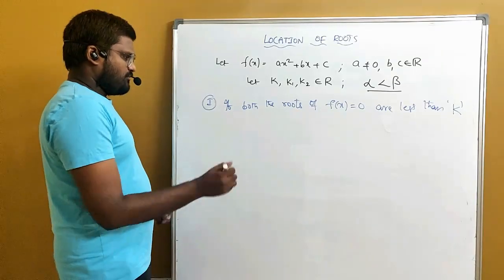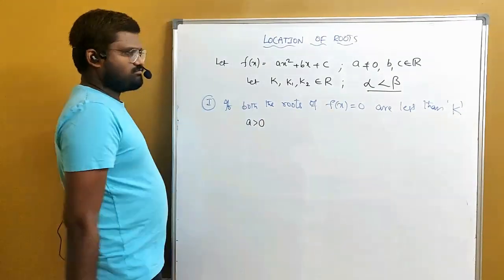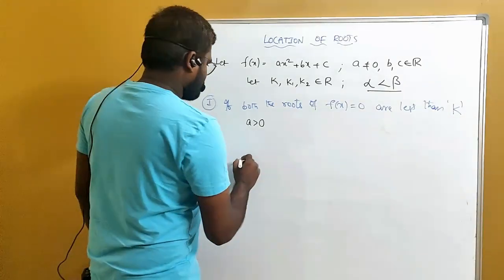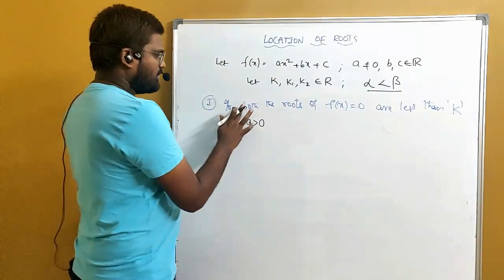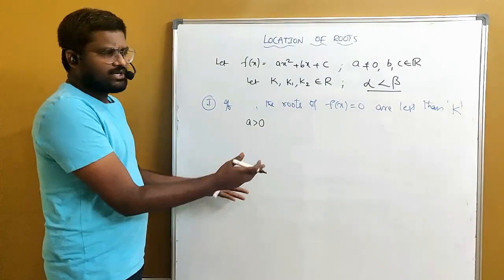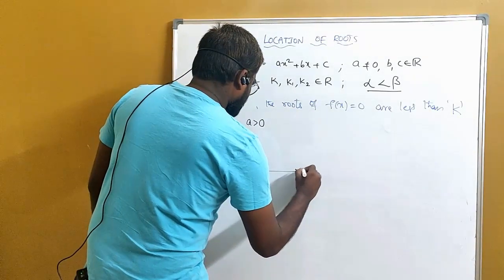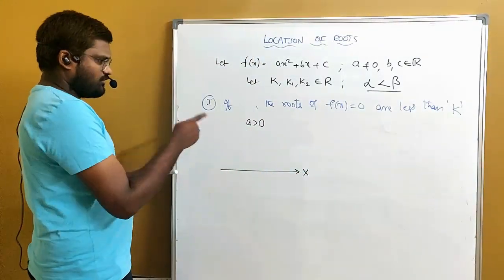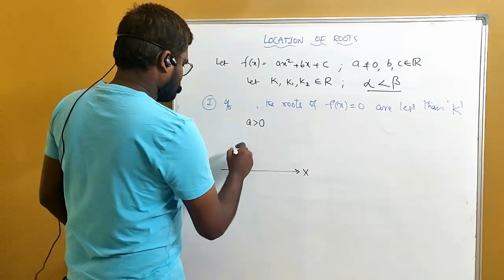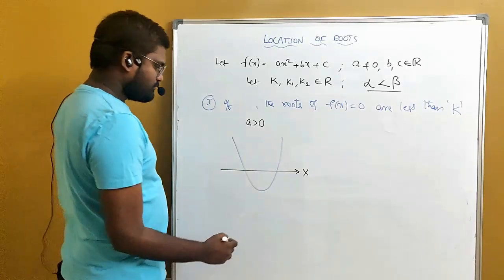For example, if I take a greater than 0, in fact here if the roots of f of x equals to 0 are less than k, you might get equal roots also, isn't it? Now this is the x-axis. If a is greater than 0, the graph will be an upward parabola.